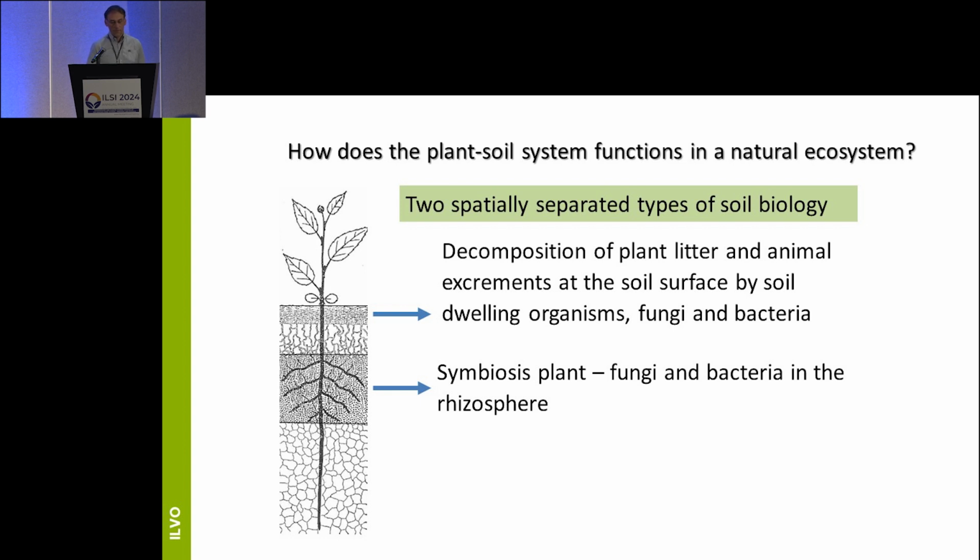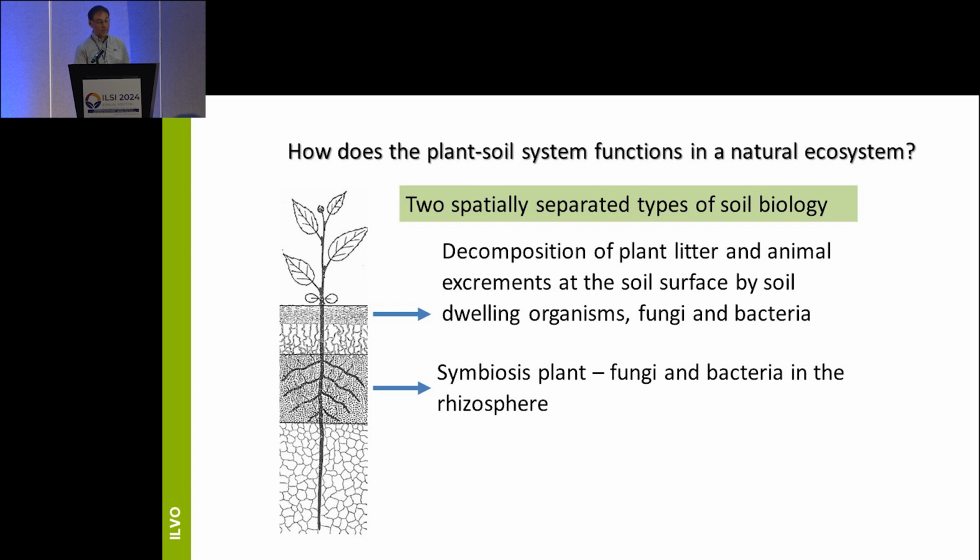But you have another type of biology deeper in the soil, and this is a symbiotic activity between plants and microorganisms in the rhizosphere, where the organisms receive some products from the photosynthesis.